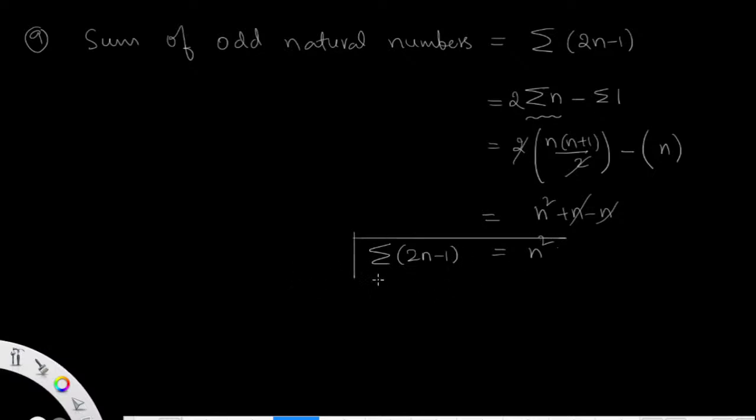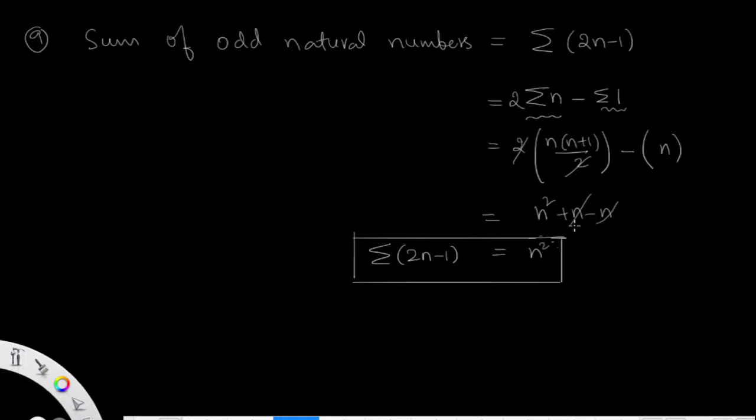This is the basic formula. So n square is the sum of the odd natural numbers. Odd numbers are always of the form 2n minus 1, so 2 into sigma n minus sigma 1, that is 2 into n into n plus 1 by 2 minus sigma 1, which means 1 n times, so you write n.